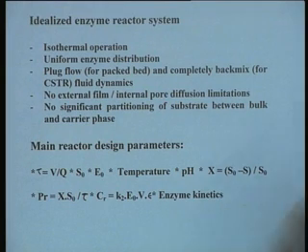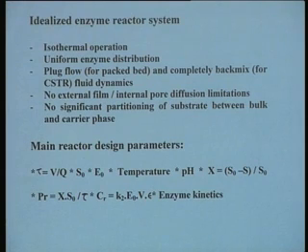Then of course, before we go into the reactor performance of different types of reactors for immobilized enzyme systems, we normally cannot consider all the parameters like non-ideal fluid dynamics, the mass transfer constraints, and the biochemical reaction at one stage.